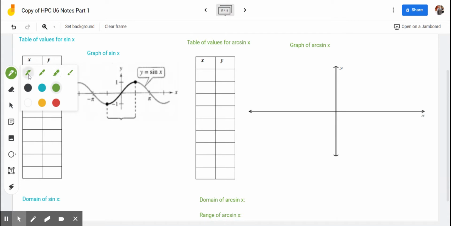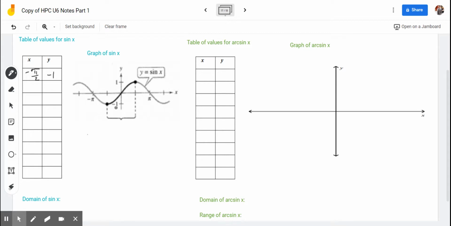So let's start at negative pi over 2. Negative pi over 2 is on the bottom of the unit circle, so we're at negative 1, and that's illustrated here.